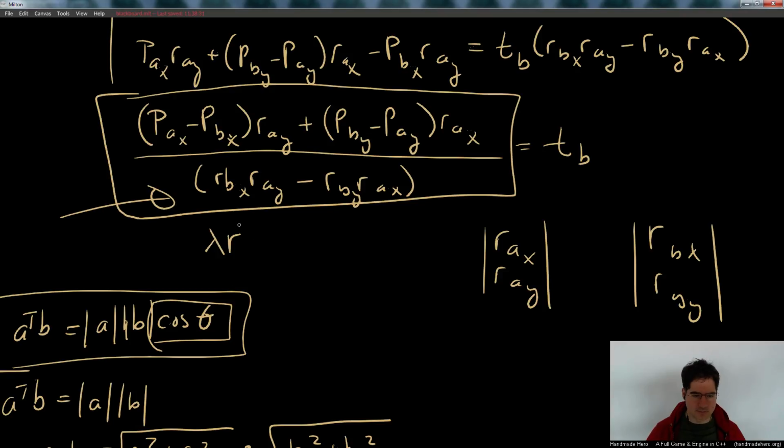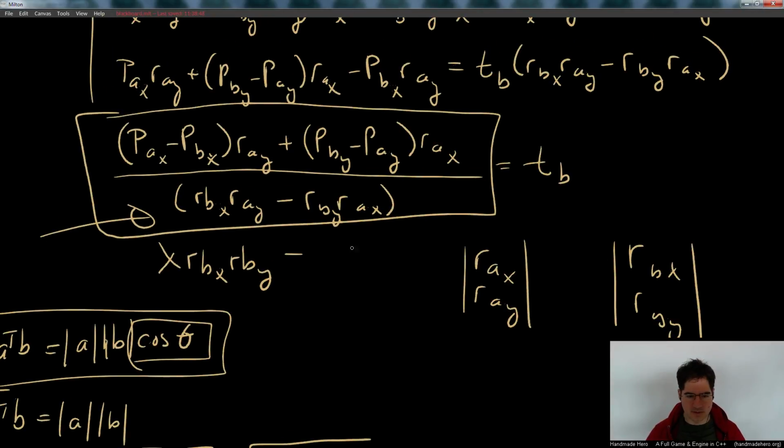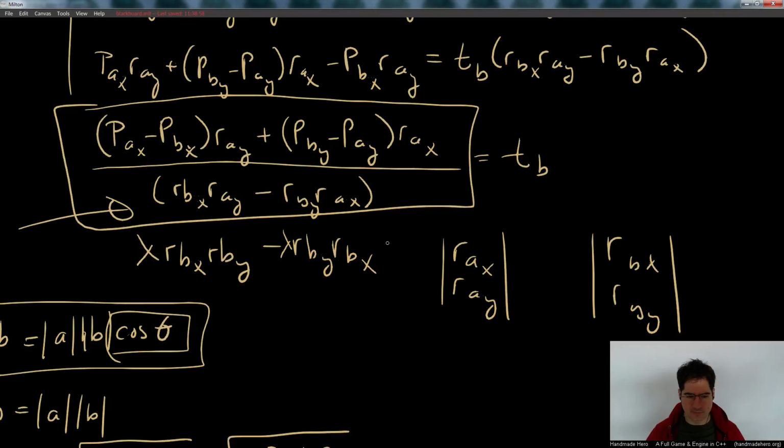Lambda RBX times RAY, which is lambda RBY, so it would be lambda RBX RBY. In this side, I would get RBY. This RAX becomes a lambda RBX, so the lambda comes out there, RBX.